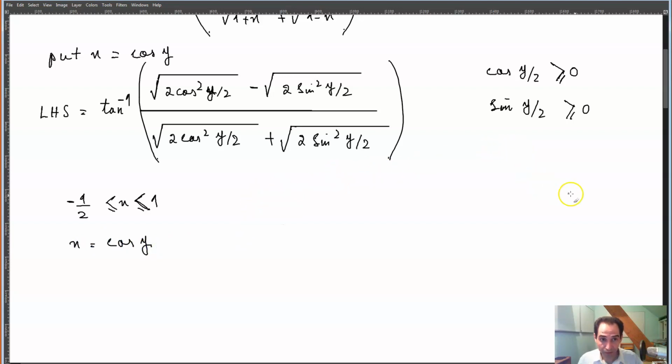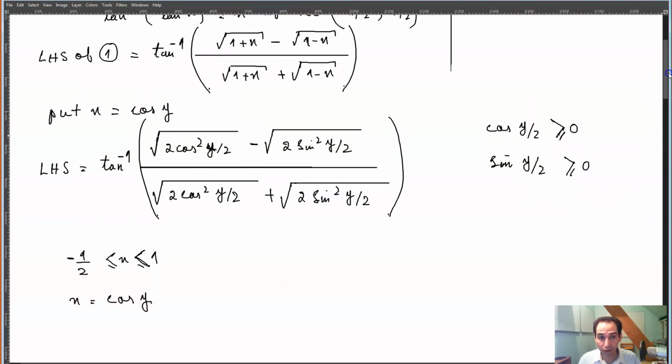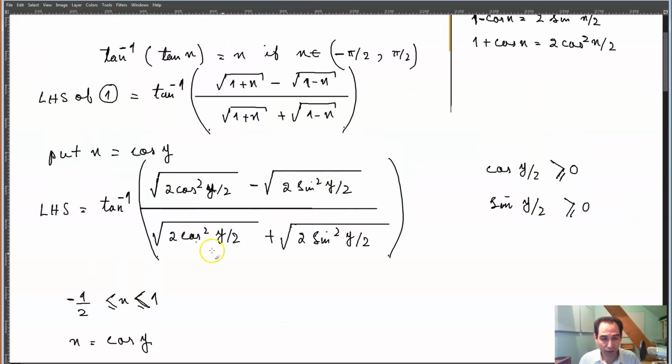Moreover, I want to write this in the form, for example, the tan inverse of tan of y, and then most probably I want to conclude that tan inverse of tan of y is equal to y.